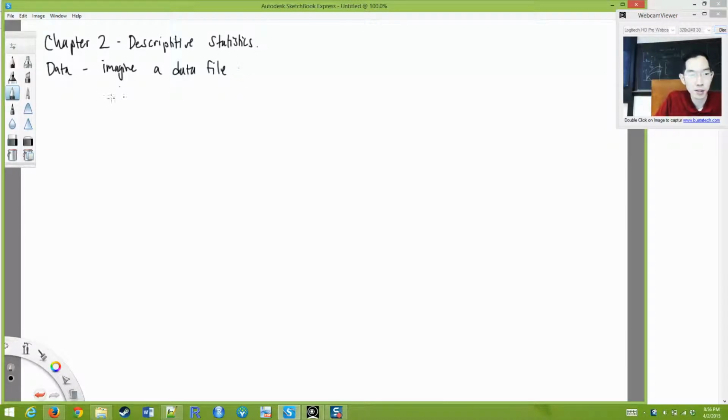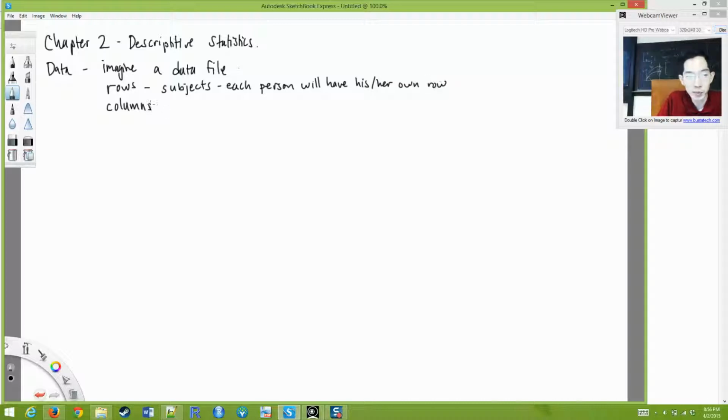Okay, so it will have rows and it will have columns. And the rows will be subjects. Each person, each thing being recorded will have its own row. Okay, each person will have his or her own row.